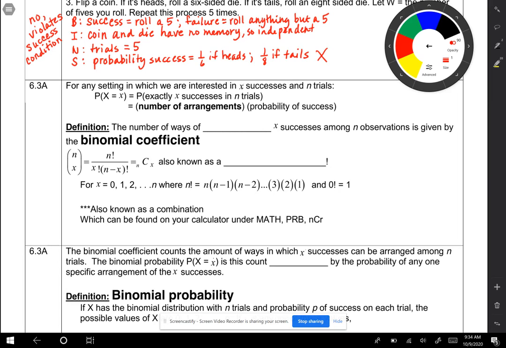So basically, we're getting into stuff that you did in Algebra 2, and that is combinations. So the number of ways of arranging, and order doesn't matter in combinations, X successes among N observations is given by what is known as the binomial coefficient.